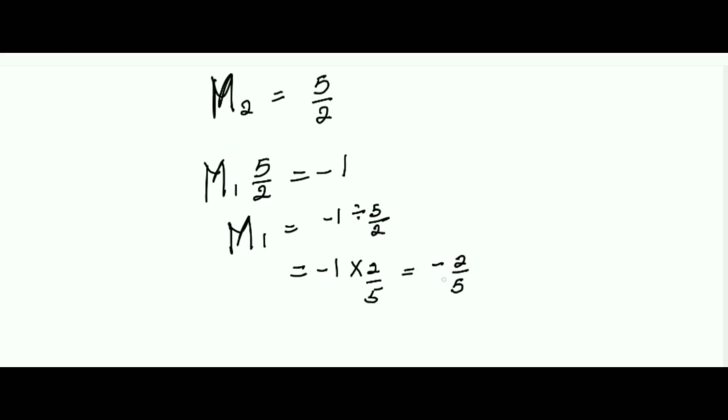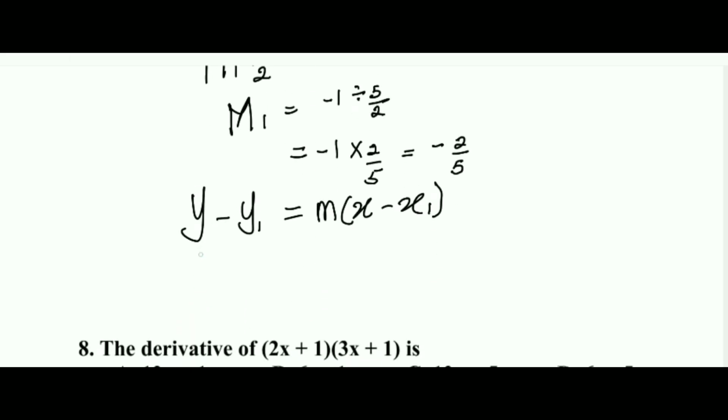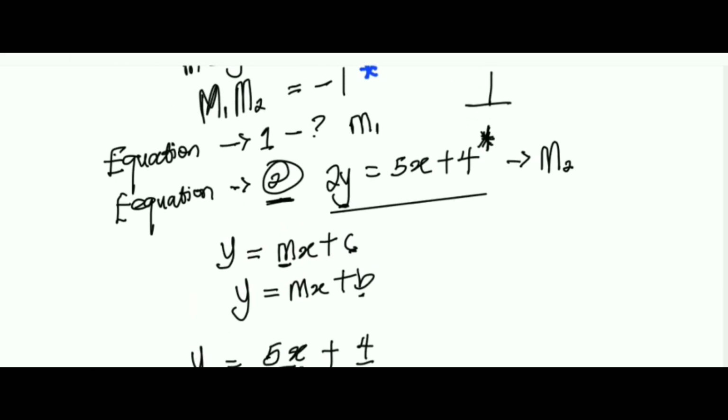So we can just substitute into the formula: y minus y1 equals m into x minus x1. So this is the formula that helps you to find the equation at just one point. So here I have my y minus y1. I got y1 earlier.